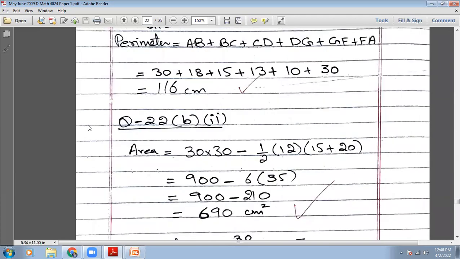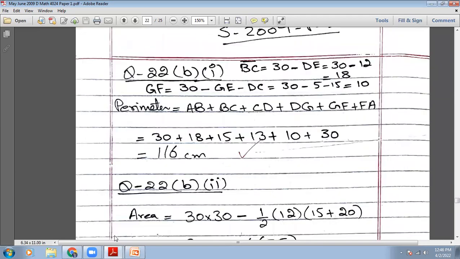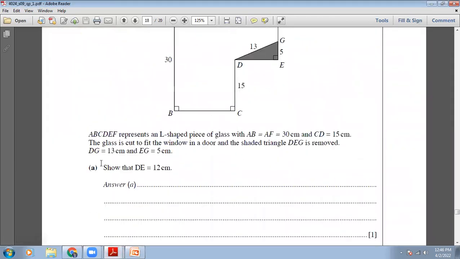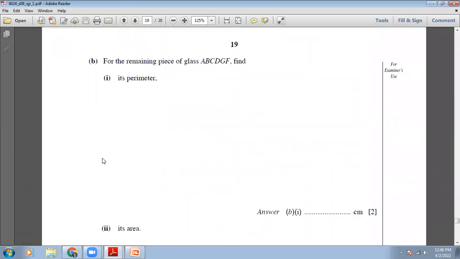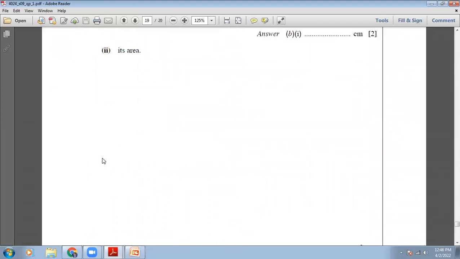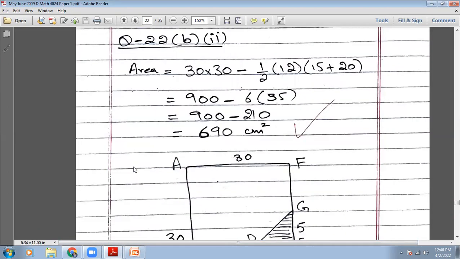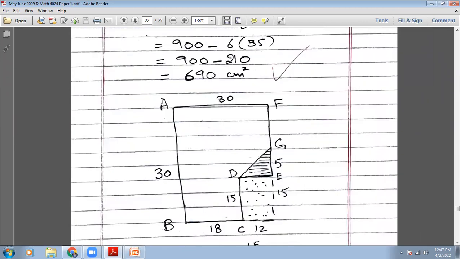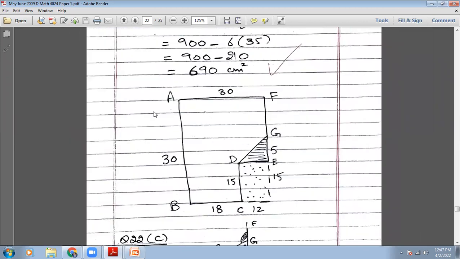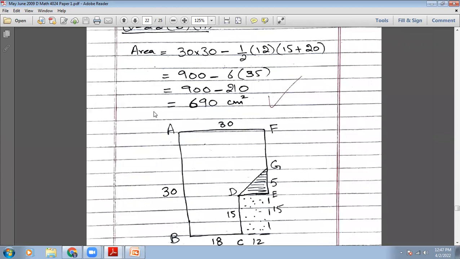So that's the perimeter, very simple. Then the question is they want you to find out its area. Let me show you the technique. I have taken this full plot, this 30, this 30, so it will be 30 by 30.